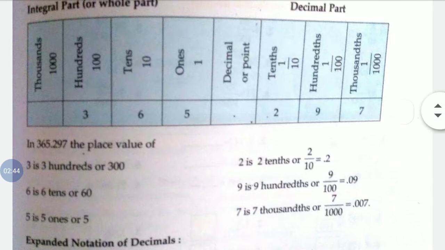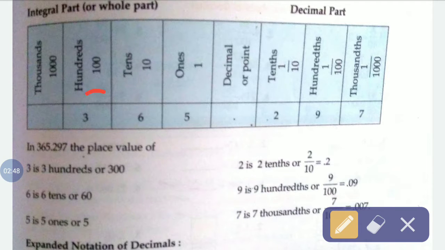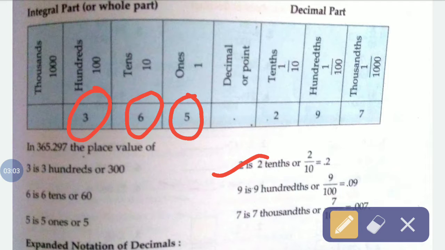Here 3 is your 300. The place value of 3 is 300. Just now, as I told you, the place value of 6 is 60. The place value of 5 is 5, as it is in the ones place. But the place value of 2 is 2 upon 10, that is equal to 0.2.